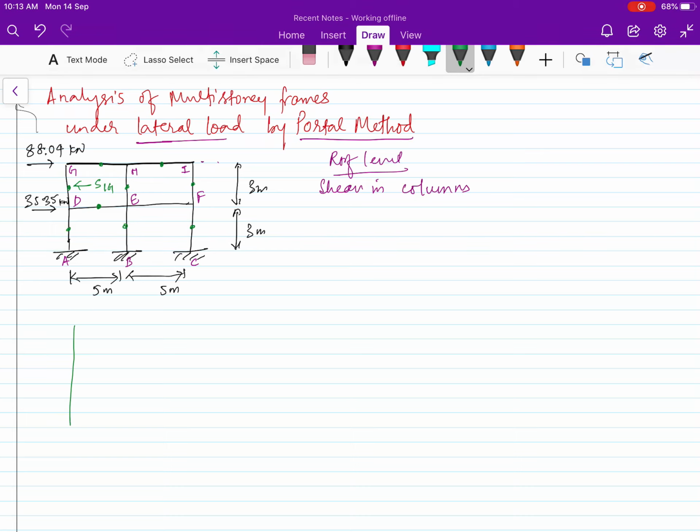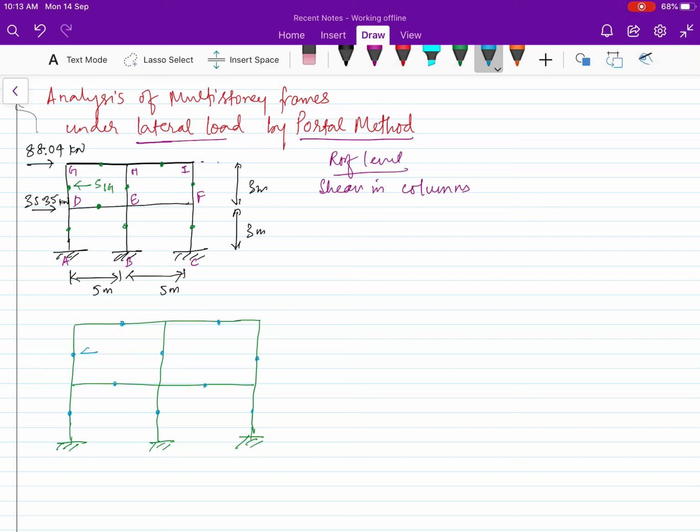Let me draw a bigger picture of this. These are the mid heights and midspans where we are considering the contraflexure points.